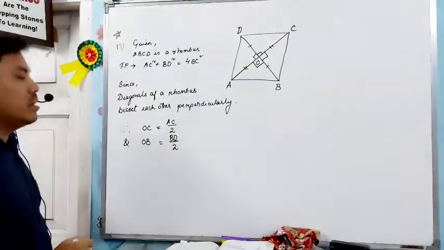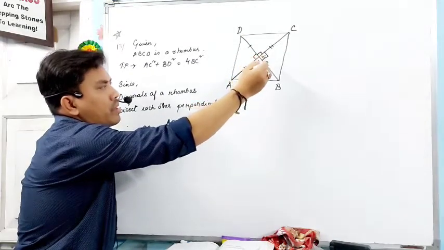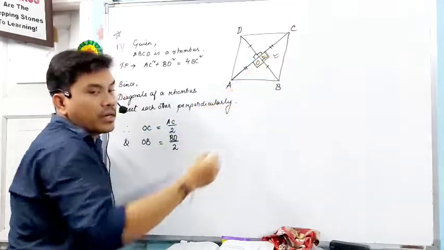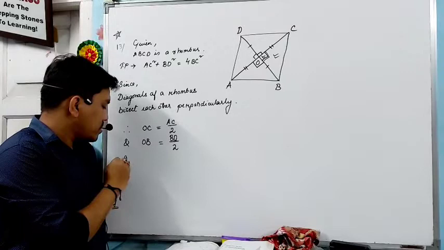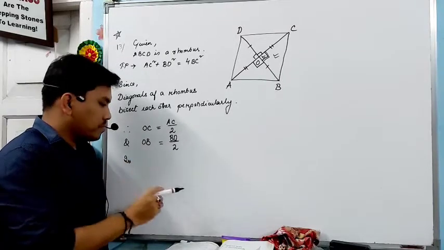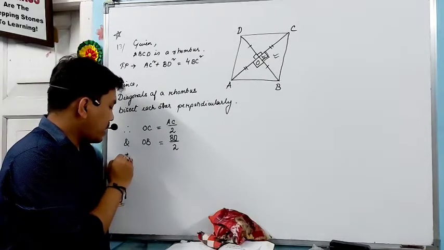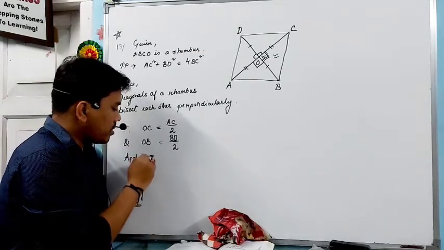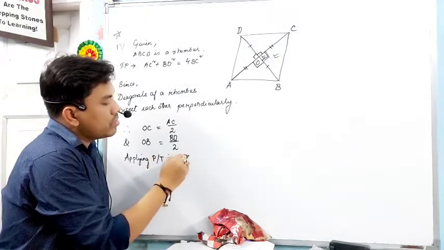Okay. Alright. Now, I told you the diagonals bisect each other perpendicularly. So this angle is 90 degree. Can we consider this triangle as right angle? Yes, we can consider. So we can say, applying Pythagoras theorem in triangle BOC.